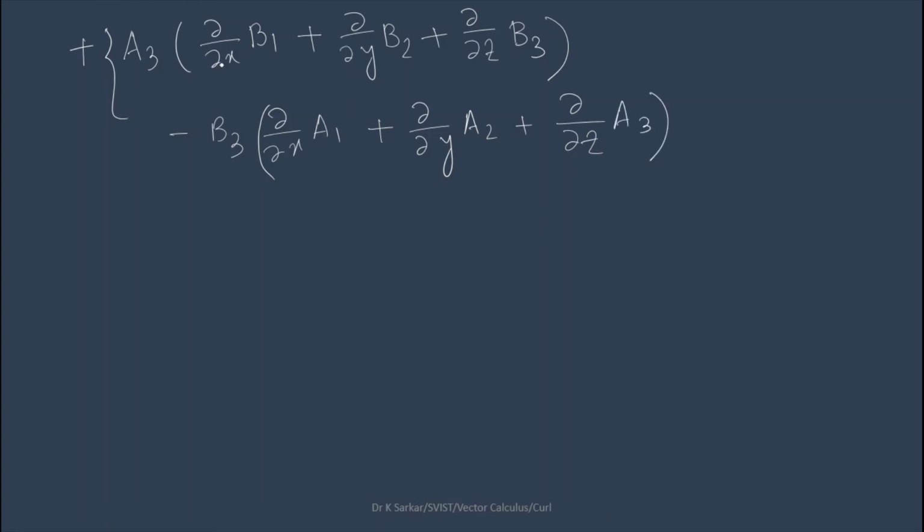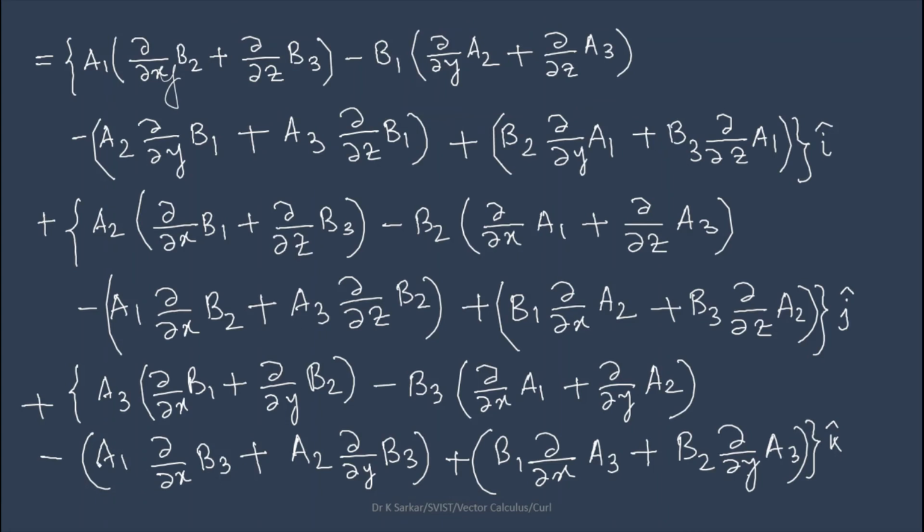Now the term we have added here, we have to subtract in the next term. So minus A1 ∂/∂x B3 plus A2 ∂/∂y B3. Next term will be plus A3 ∂/∂z B3.